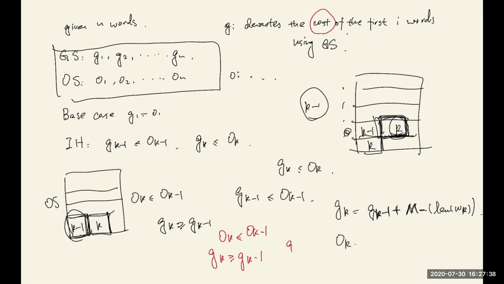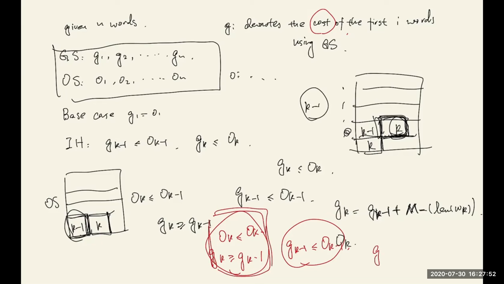Then the induction hypothesis only gives you GK minus 1 less than OK minus 1, and you cannot use this condition to prove that GK is less than O of K, since one is increasing and the other is decreasing. So the final suggestion is that how you define the progress measure is very important if the question is hard to prove.